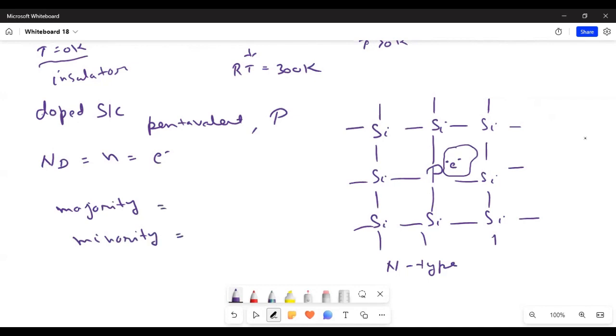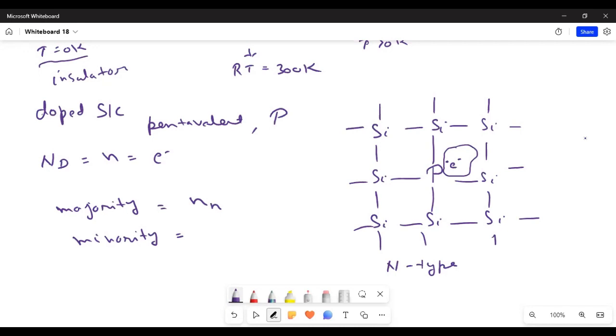For an n-type semiconductor, the charge carrier that is generated is actually how much phosphorus concentration we have doped, and this will be called n.